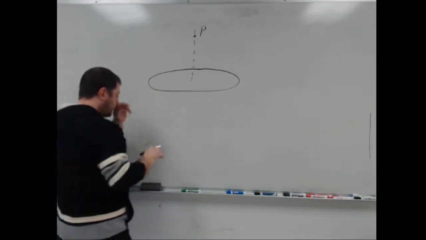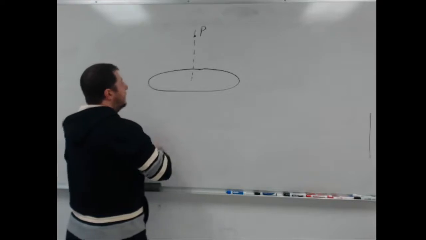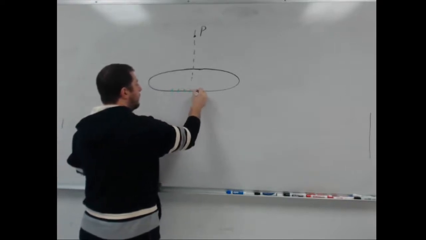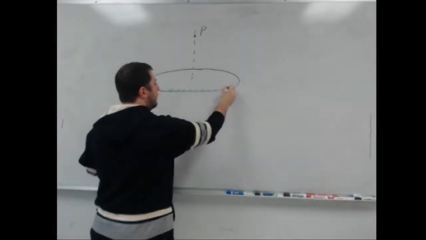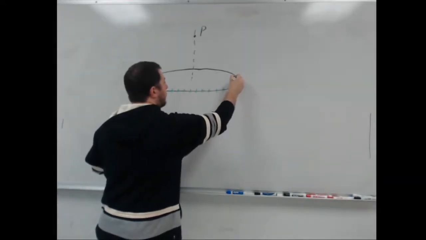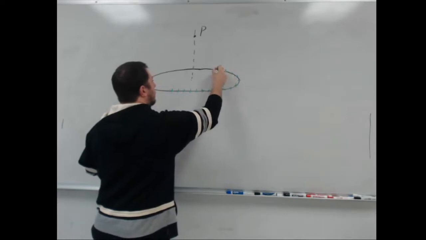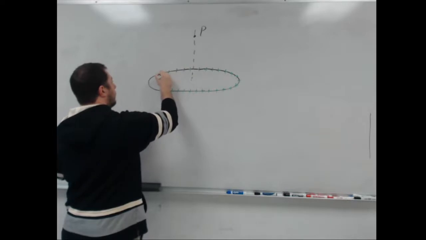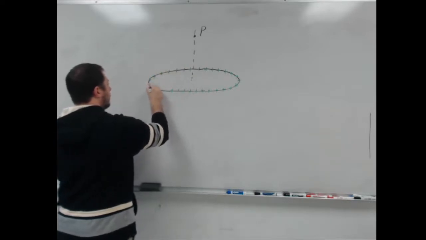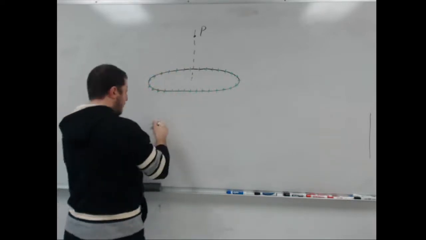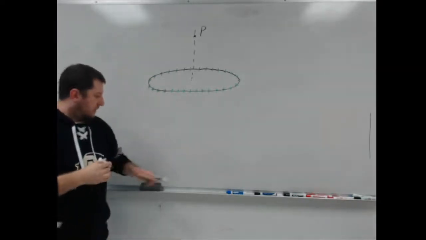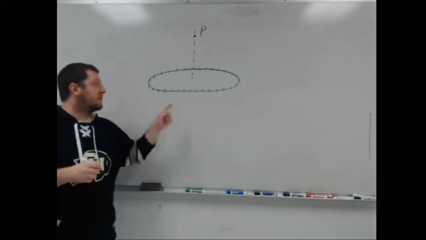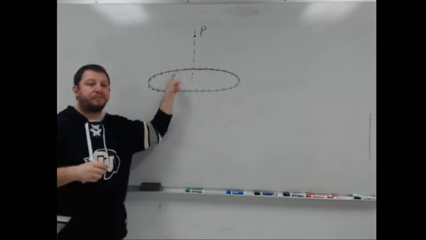But if I think of this ring as having positive charge distributed all around the ring, then what I'm going to be dealing with is a one-dimensional case, since this is a line, essentially.